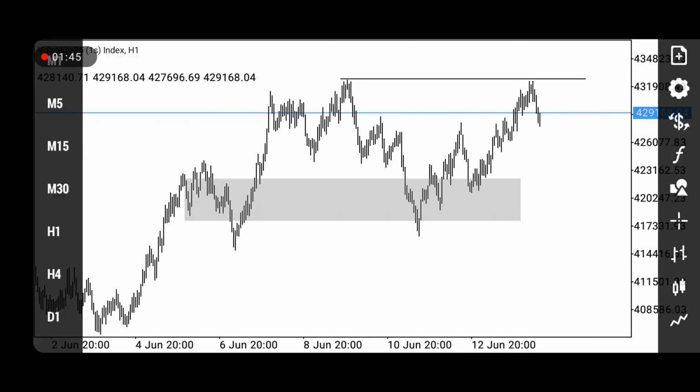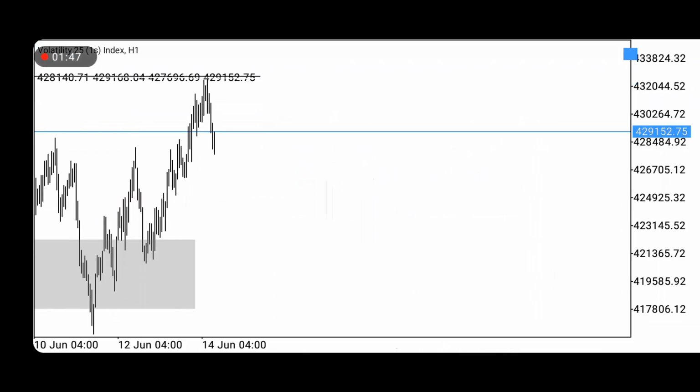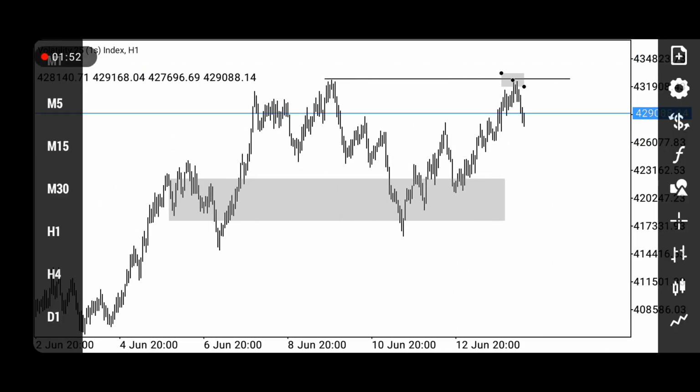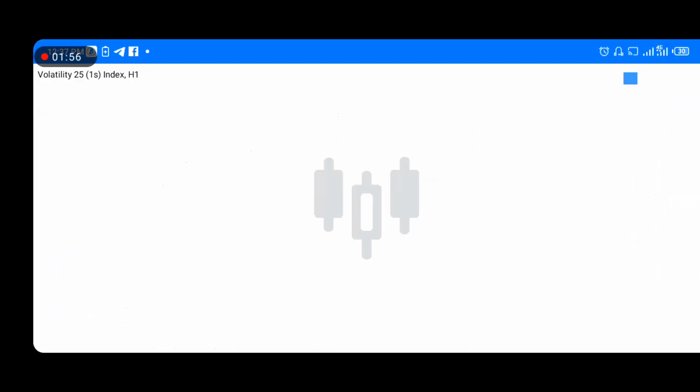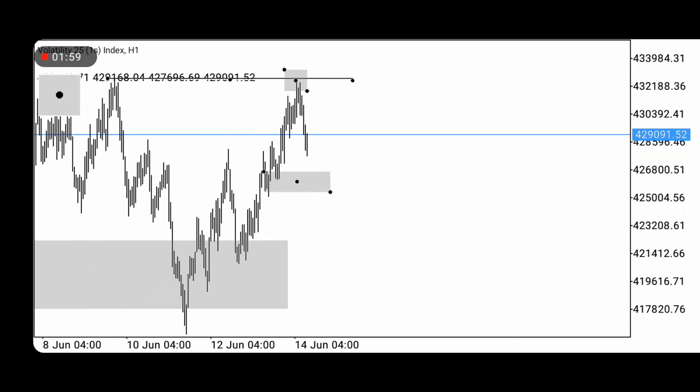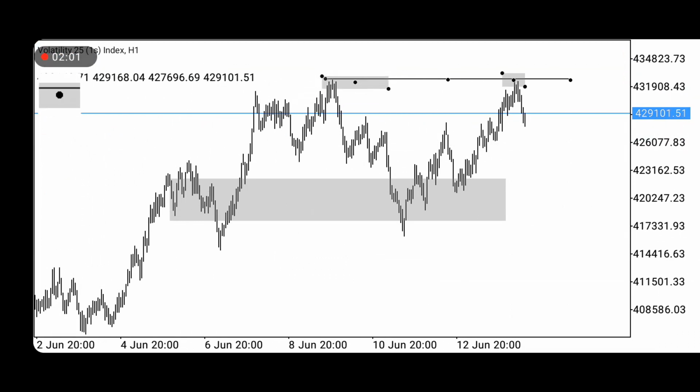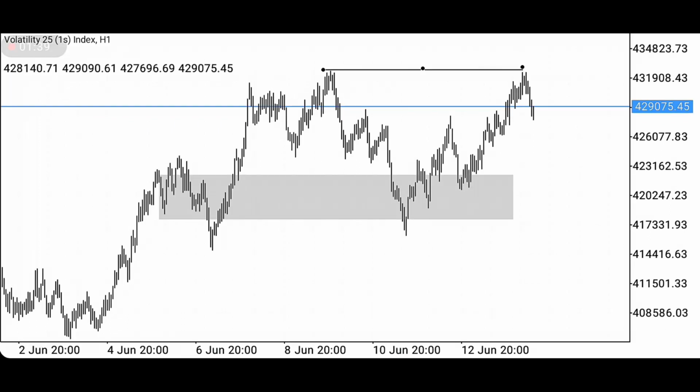You can see the minor drop, and now the market has created relatively equal highs over there. This is the first high, and that is the second high. I'm trying to adjust the high properly, and there we go.